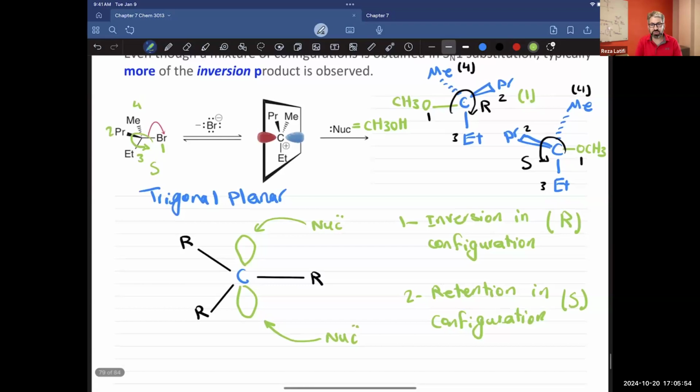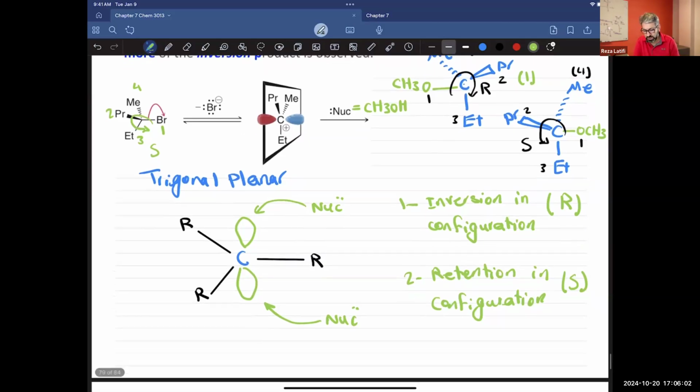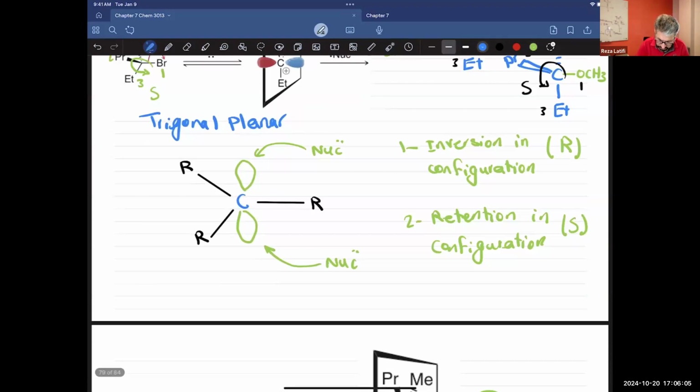Now, how much from each one do I get? Am I going to get 50-50 from each one? If that's the case, I should get a racemic product.